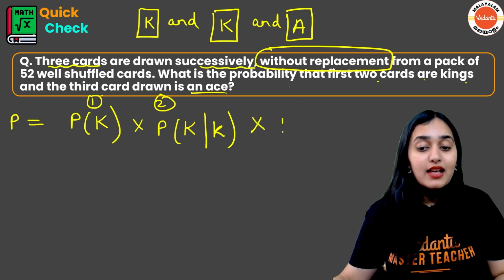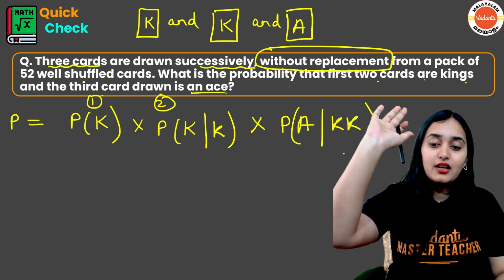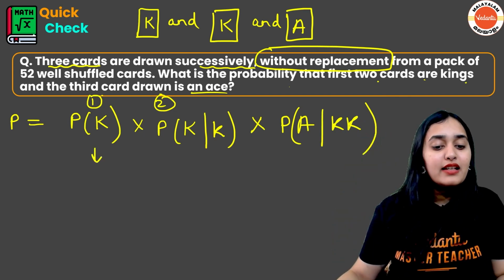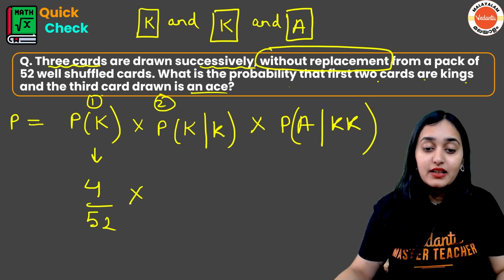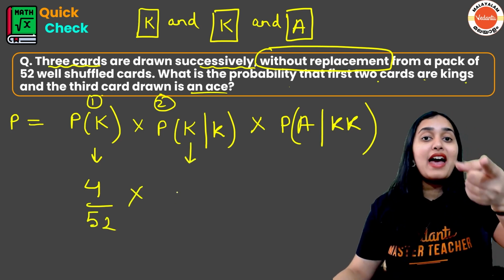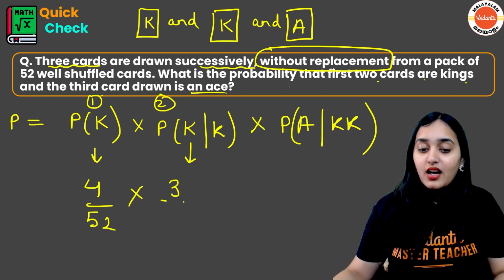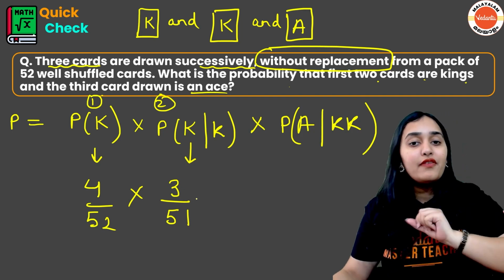In the third chance, you should get an ace, given that 2 kings are already out. So what will be the probability? How many kings do you have? You have 4 kings out of 52 cards. Next, how many kings do you have now? Only 3 kings, because 1 king is thrown out. How many cards? Only 51. From 52 it will become 51.